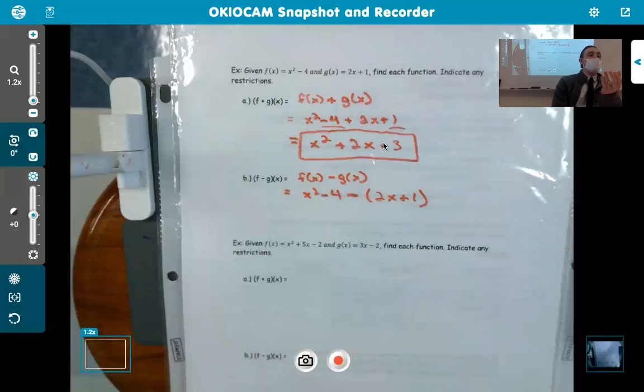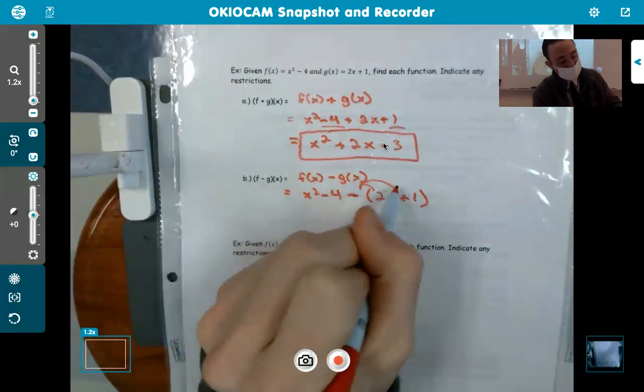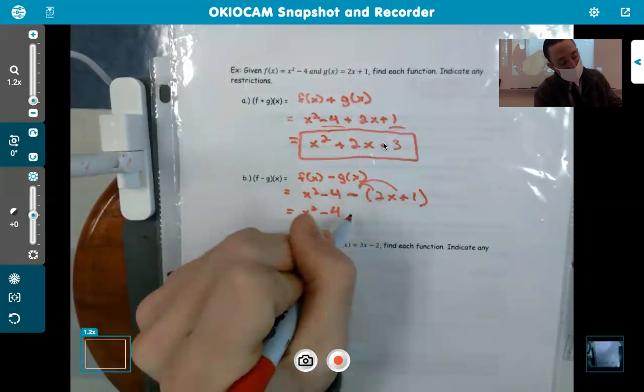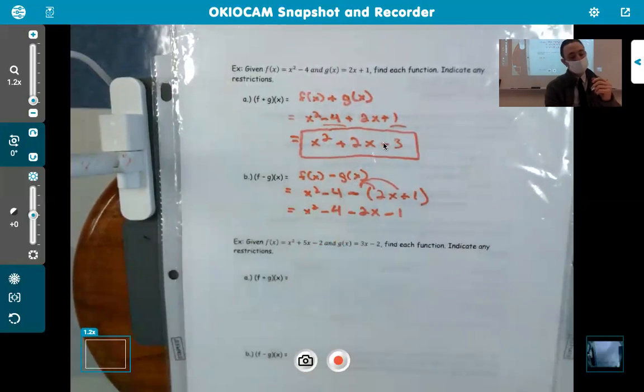And this is where that note comes in that I mentioned before, as you're copying stuff down. I'm going to distribute that negative anytime that I subtract, and that's going to change the signs of each of my terms in that second function. So I distribute the negative through, and I get x squared minus 4, now minus 2x minus 1.